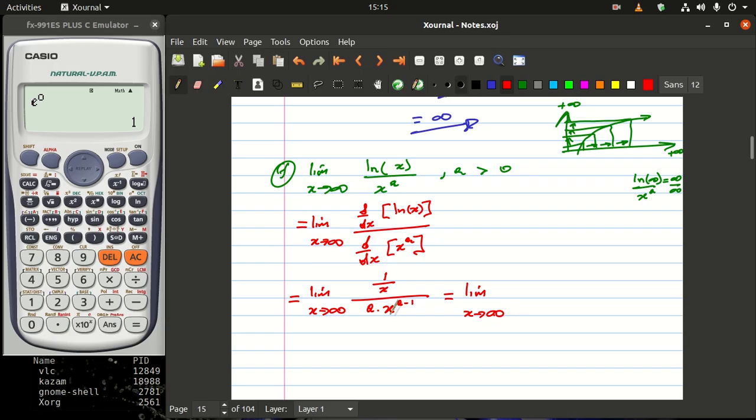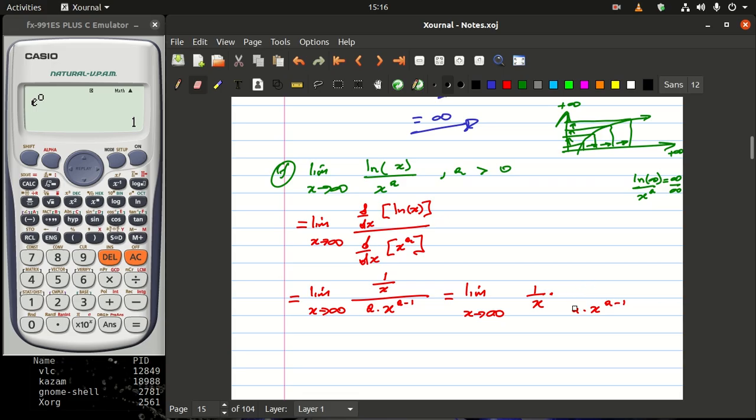I want to clean this whole thing up, and you can see that we have 1 over x, and because this one is in the denominator, I also have 1 over x times 1 over a times x raised to a minus 1. So that is what is happening here.